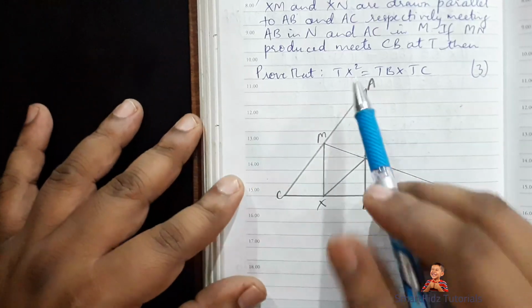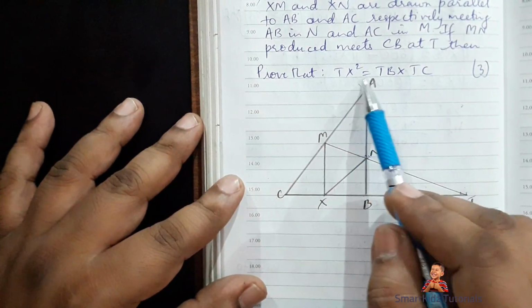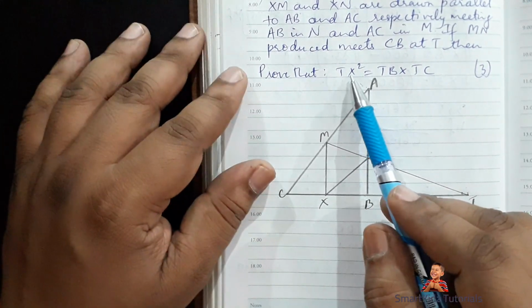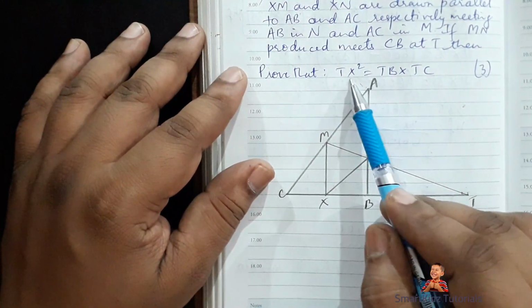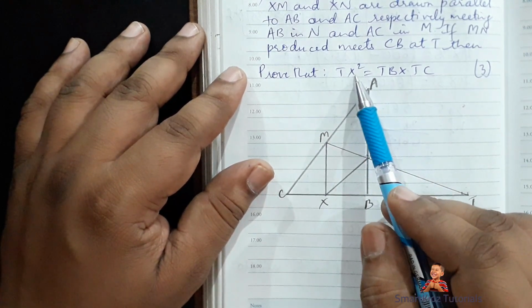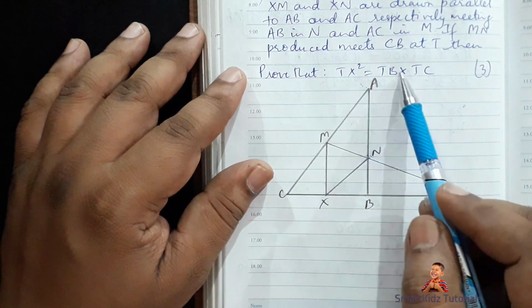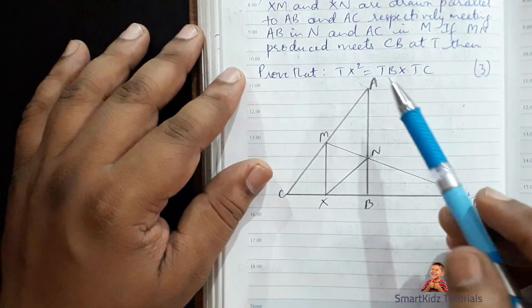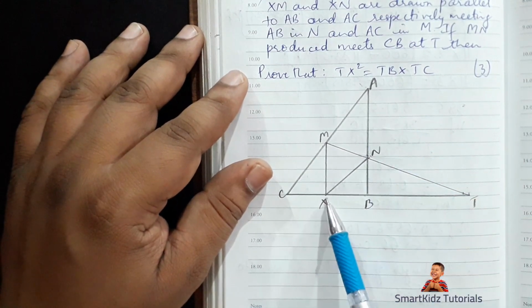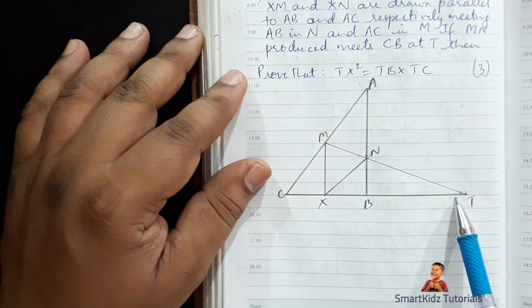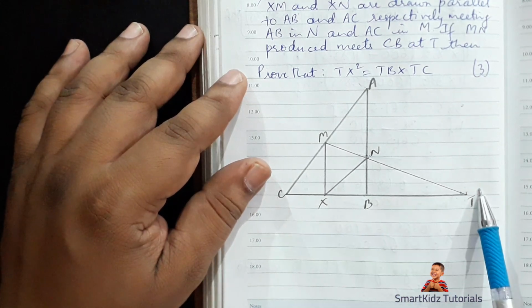But do not lose focus on what we need. TX square equal to TB into TC. Basically, this should be in the form of ratios, wherein TX and TX get multiplied to give you TX square, and the other ones get multiplied as TB into TC. So we'll have a look. We need TX, which is over here, we need TB, which is over here, and we need TC, which is over here.